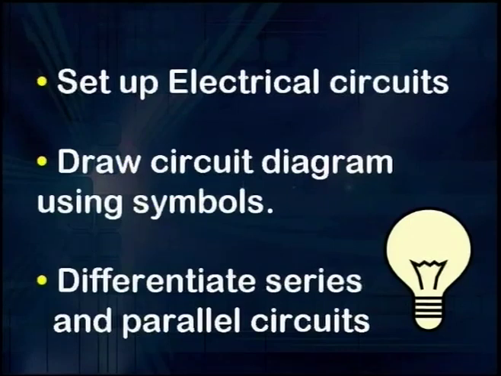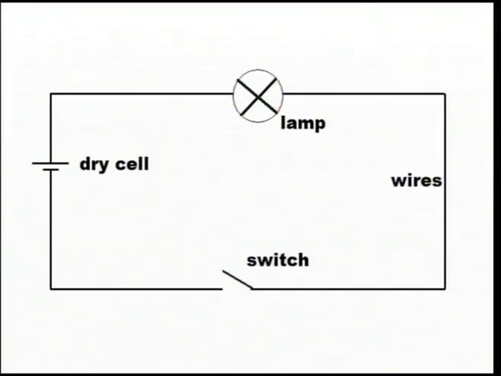Since you are going to also draw circuits using diagrams, we will first of all go through looking at a circuit diagram. I'd like you to look up to the screen. Many of the circuits that you have made in the last lesson, the diagram looks something like this. So we have a switch.